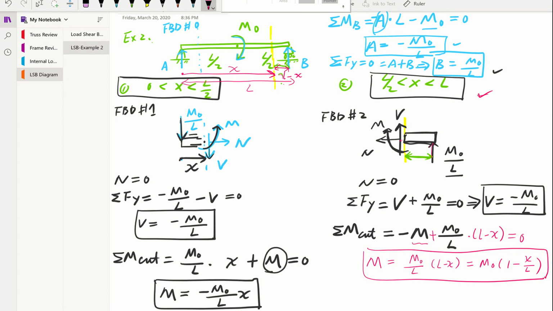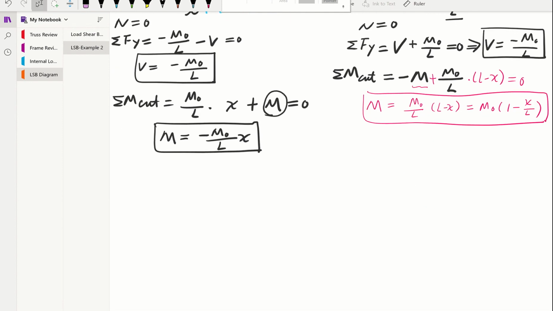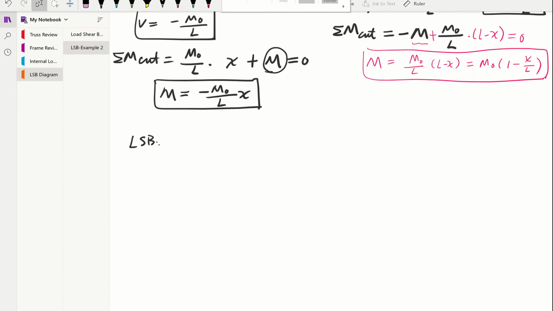Okay. So let's summarize. You know what we're about to do. We're going to put all those in the load, shear, bending diagram. So we're going to draw our 3 tiers. First tier being our loading.